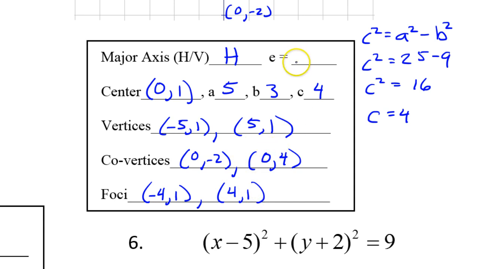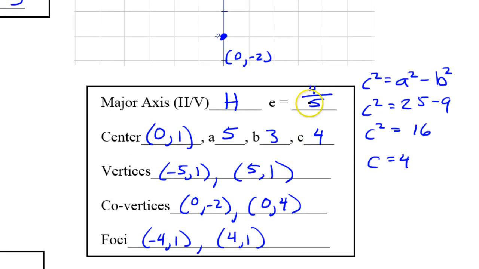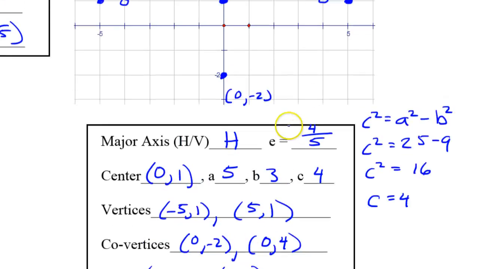Okay, we might as well find the e value while we're taking care of all these letters. The e value is always the c value over the a value. So that's going to be 4 over 5. The eccentricity. This number reflects how circular the ellipse is. The closer to 0 this number is, the more circular the ellipse is.